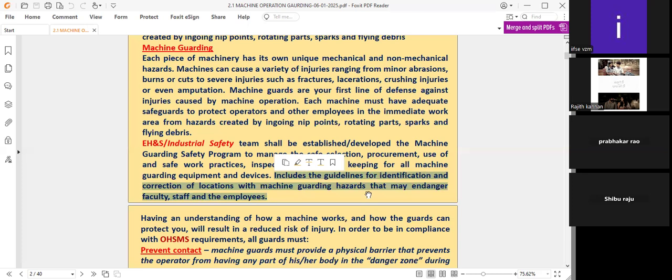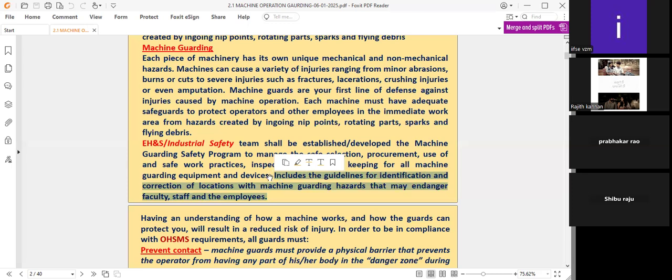That may endanger the faculty, because the faculty who explains at the work site will be exposed to the accident or hazard. Therefore, not only the staff and employees, but also the faculty, the trainer, is exposed during workplace safety if the guard is not in position. That is why we have to follow the guidelines of the manufacturer's manual.